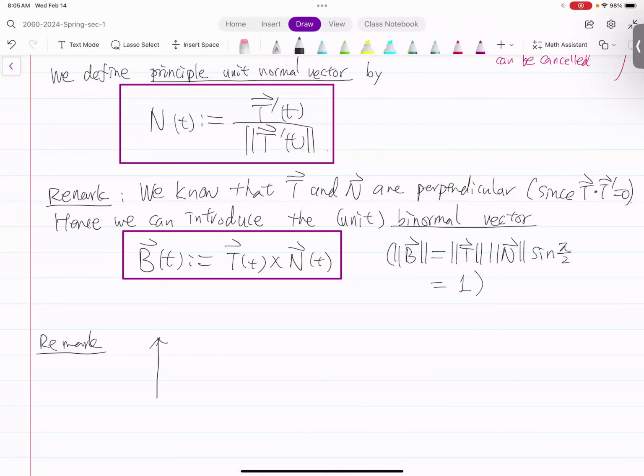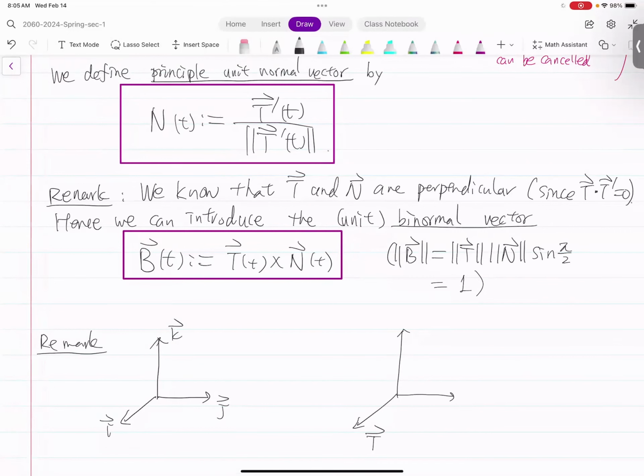The standard basis is IJK. You know that this is a coordinate system that's right-handed, right? And now if you think about T, N, and B, these three vectors, that's exactly the same idea.